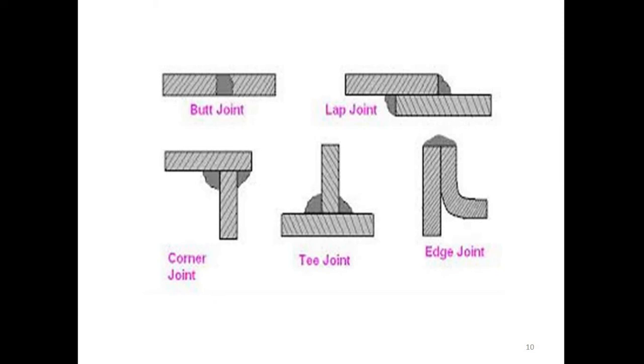After welding, how that joint looks: two metals are shown, and the blackish color shows that weld material is there. Butt joint, lap joint, then corner joint, T joint, and edge joint. From this it is clear that according to our joining process, we are going to use the various welded joints.